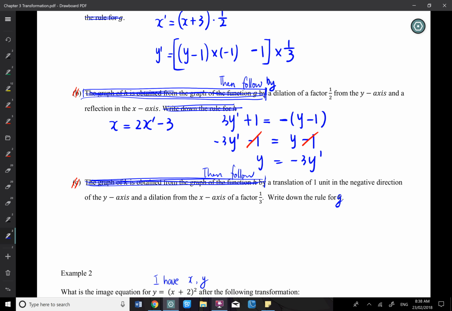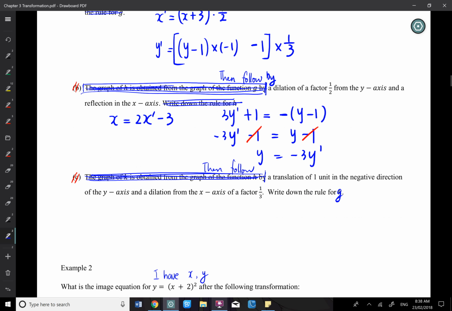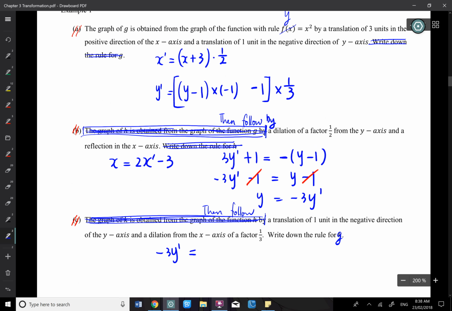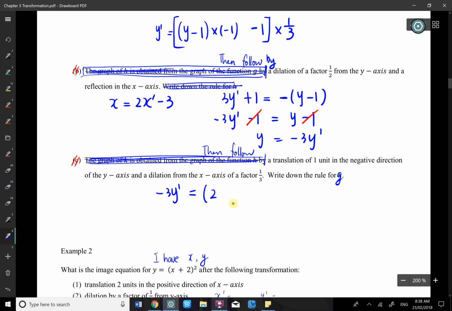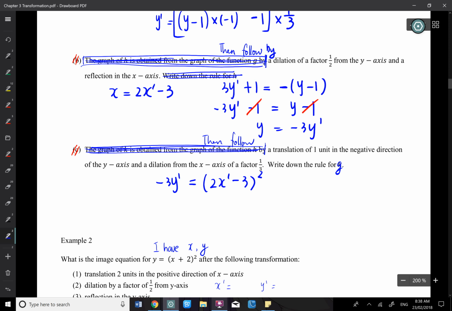Then you can have the new function. So I have minus 3y dash equals (2x dash minus 3) squared. So y dash equals negative a third, bracket 2x minus 3 squared.